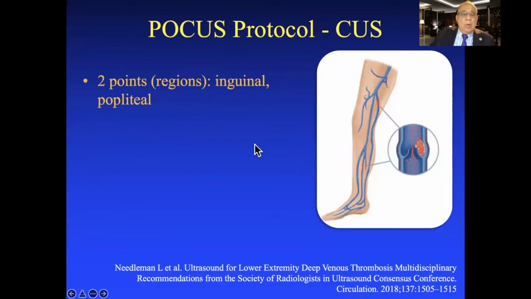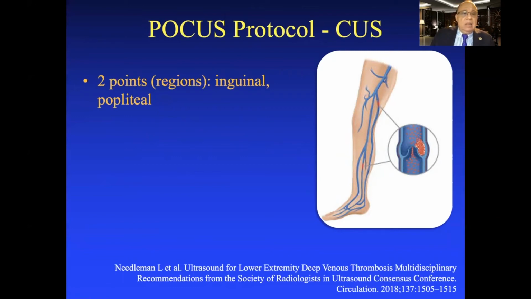Let's continue. I mentioned that in the past, almost all the centers were using 2 points or 2 regions, inguinal and popliteal regions, in order to make the assessment of DVT.